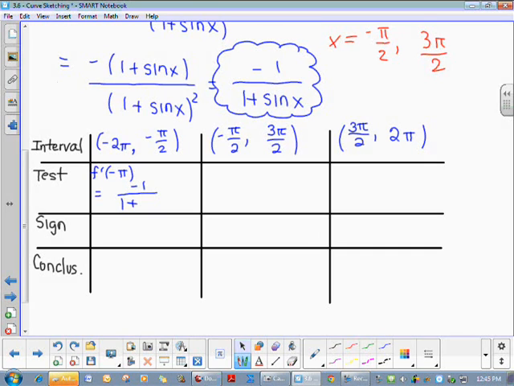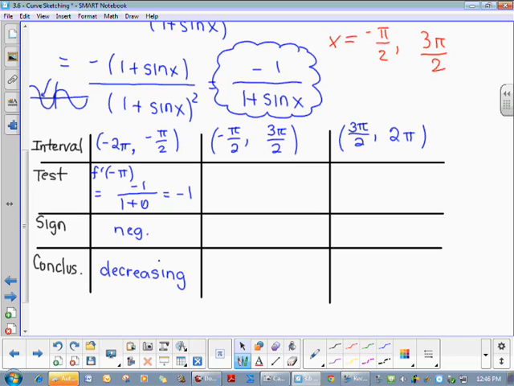Well, what does the sine of -pi look like? We can envision our sine graph one more time over here. The sine of -pi would be right there. That would be 0. So, of course, we end up with the result of -1. That sign is negative, so we would be dealing with a graph that is decreasing. Remember your first derivative test.